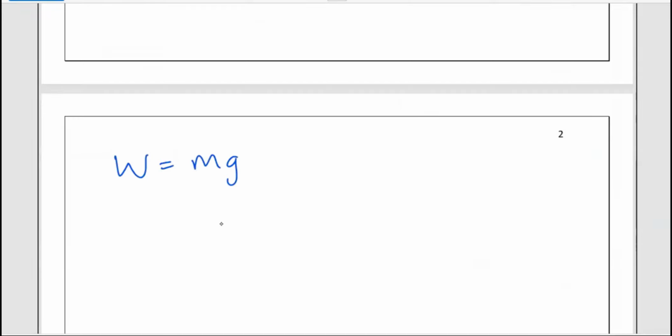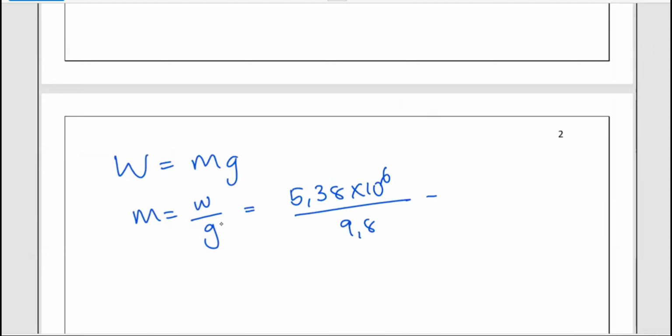So for us to get the mass, we shall get the weight divided by g, meaning that we shall get 5.38 times 10 to the 6, and then we divide it by 9.8. This gives us 548,979.59 kilograms.